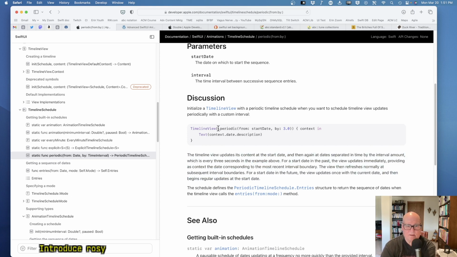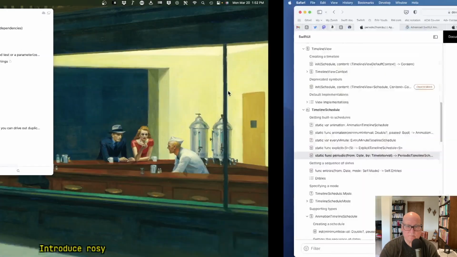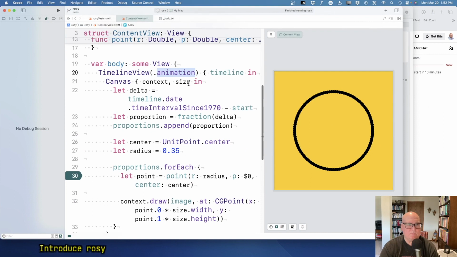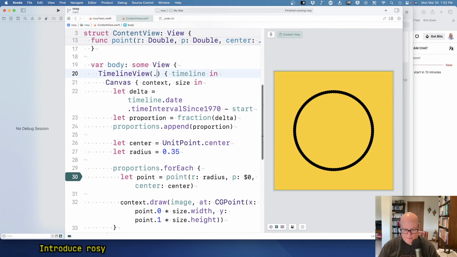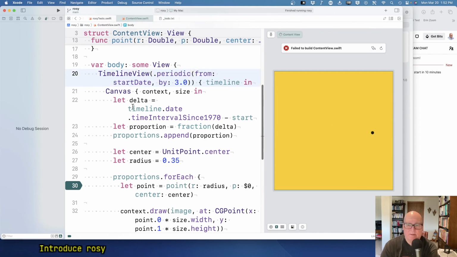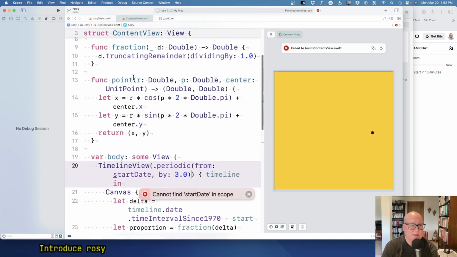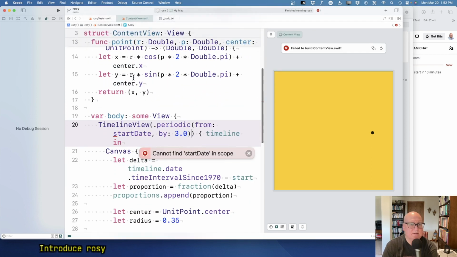Okay, let's try something like this. By 3. Okay, that says every 3 seconds. What did I call it? Start.